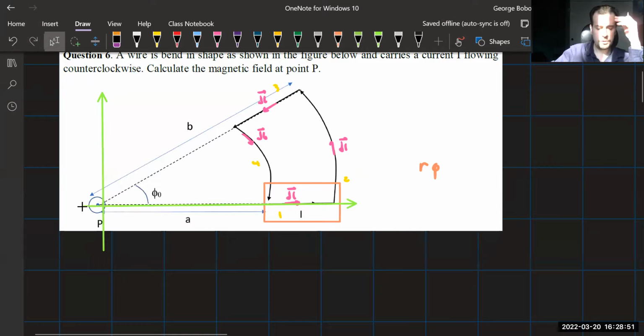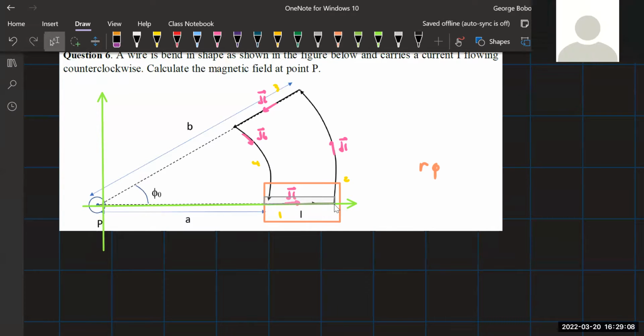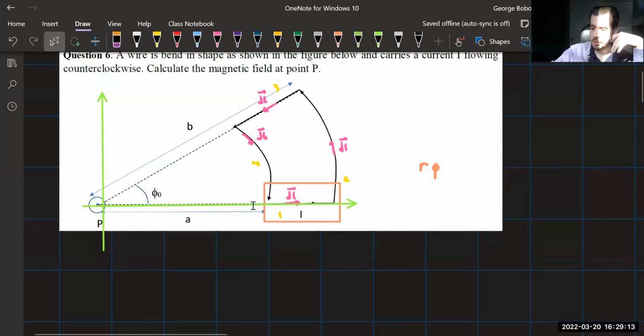If I move in this direction right now, what variable out of these two is changing? Is it phi or is it r? Or both if I move along this direction? Just r.